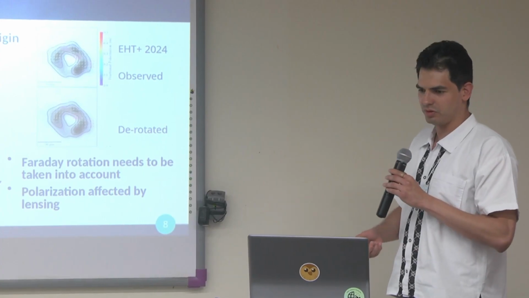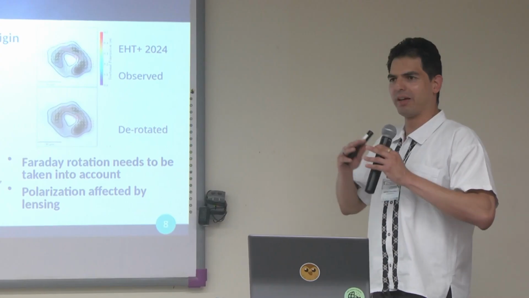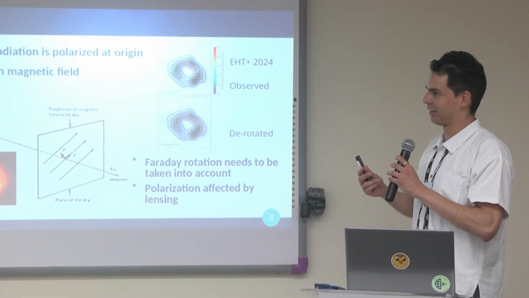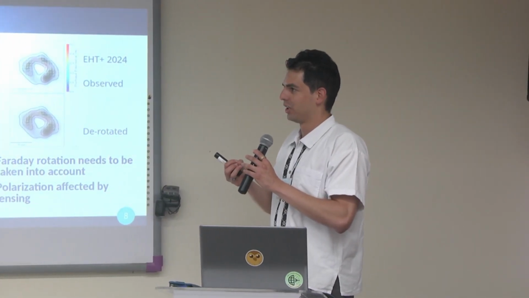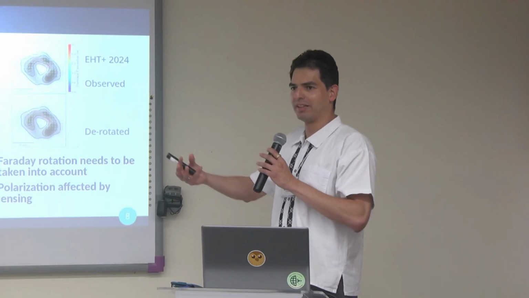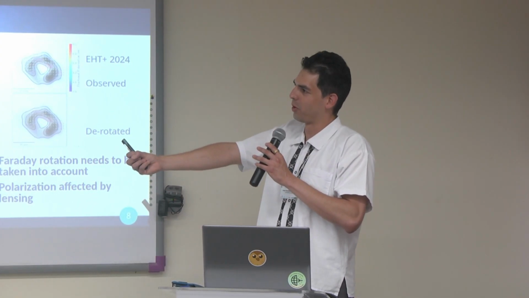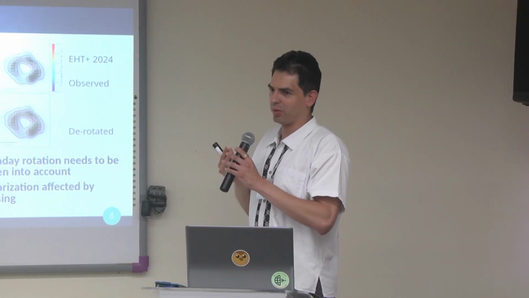Right. So we have seen so far what the radiation processes are that are used to simulate the appearance of the black hole from the time radiation is emitted and while it propagates through the plasma.